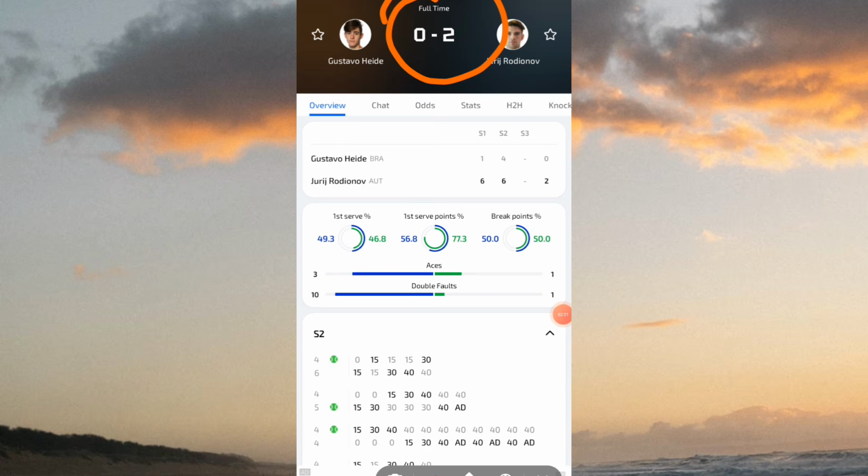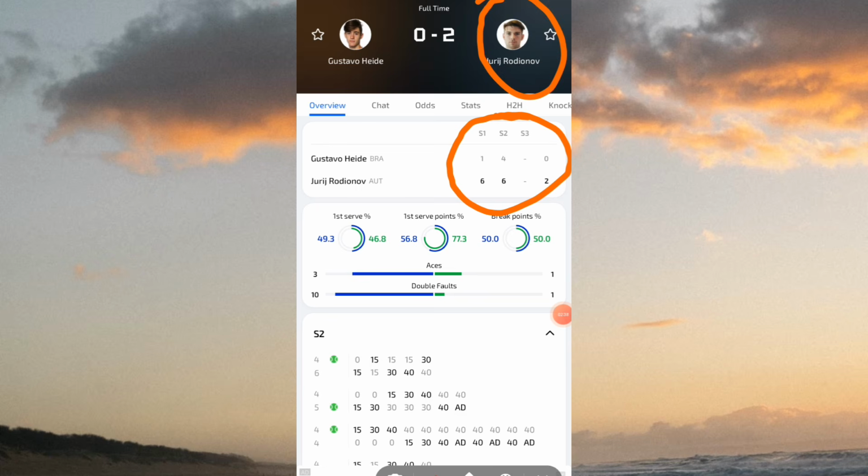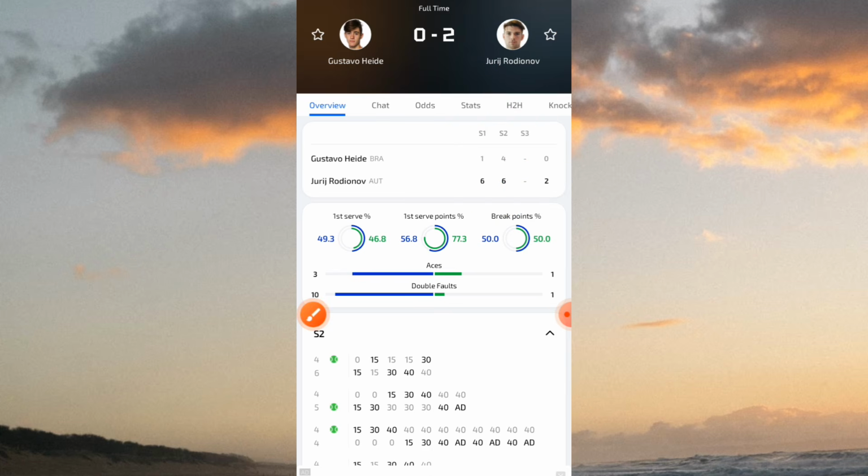That is the outcome of the game, but there are points that occurred within each set. So this is the set. Let's assume this player won the first set 6-1 and lost the second set, then the match would have extended into a third set.